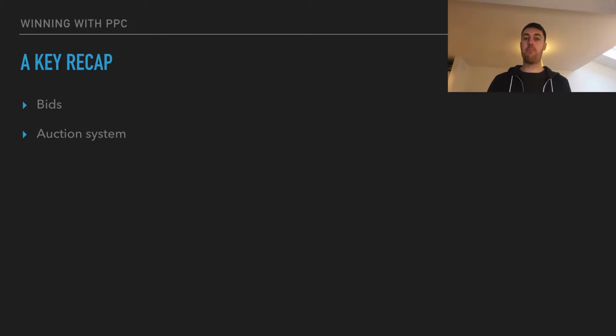But what that bid actually does is it works in an auction system. You may have 100 different businesses, there'll probably be more when it comes to yoga mats, all bidding for the keyword yoga mat. Amazon looks at a number of other factors too, but the main factor that it looks at is the bid amount.